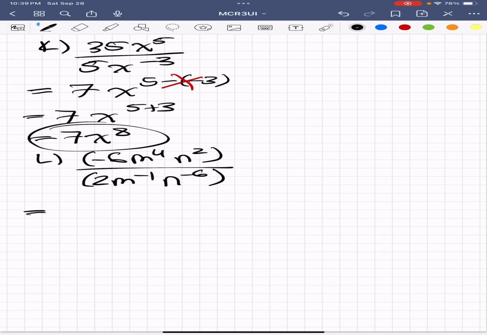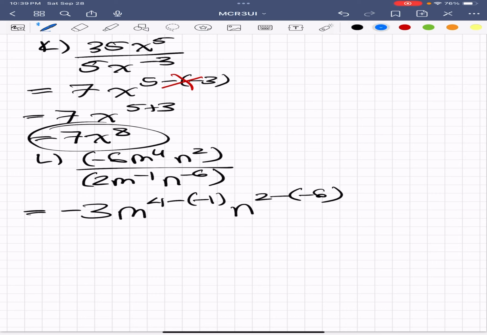So we have negative 6 here. So negative 6 divided by 2 would be negative 3. And then we have exponents here that we need to subtract because exponent law number 2, there's division. So we're going to subtract these exponents. 4 minus negative 1 and 2 minus negative 6.